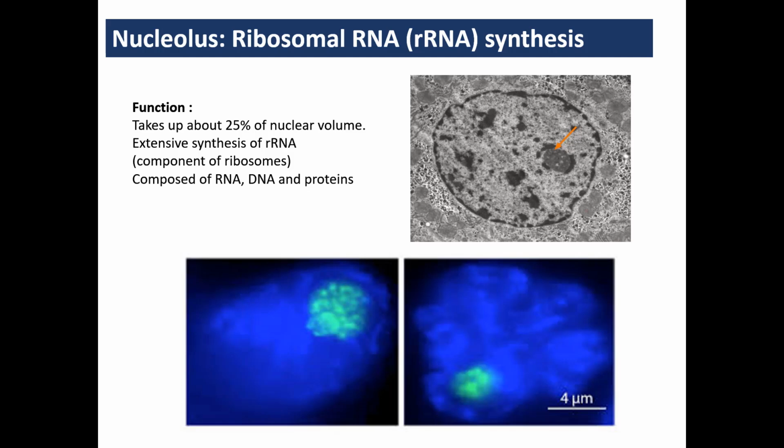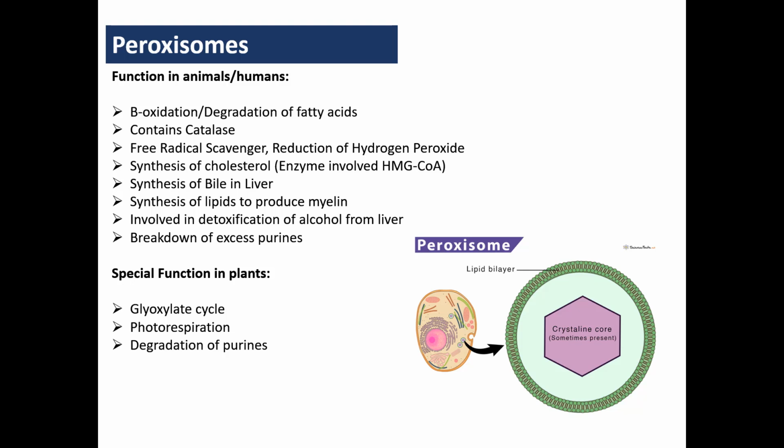The nucleolus takes up about 25% of the nuclear volume. Here you can see the blue region is the nucleus and the green portion is the nucleolus. It performs extensive synthesis of rRNA, which is the component of ribosome, and it is composed of RNA, DNA, and proteins.